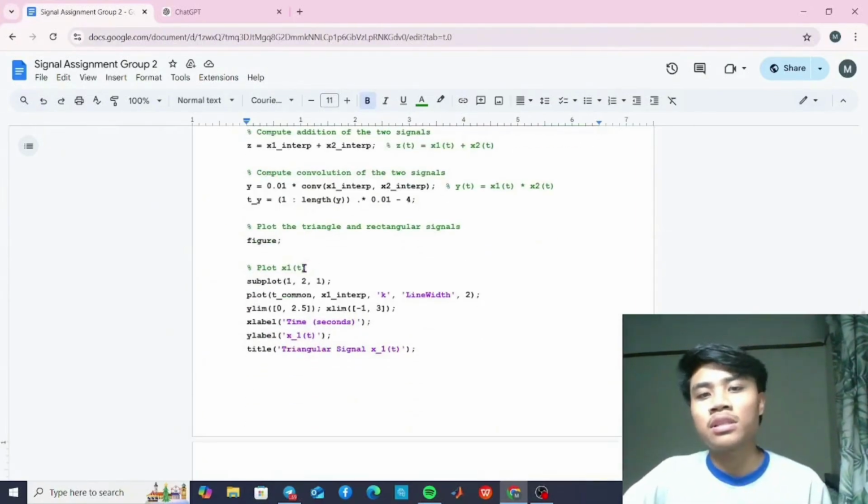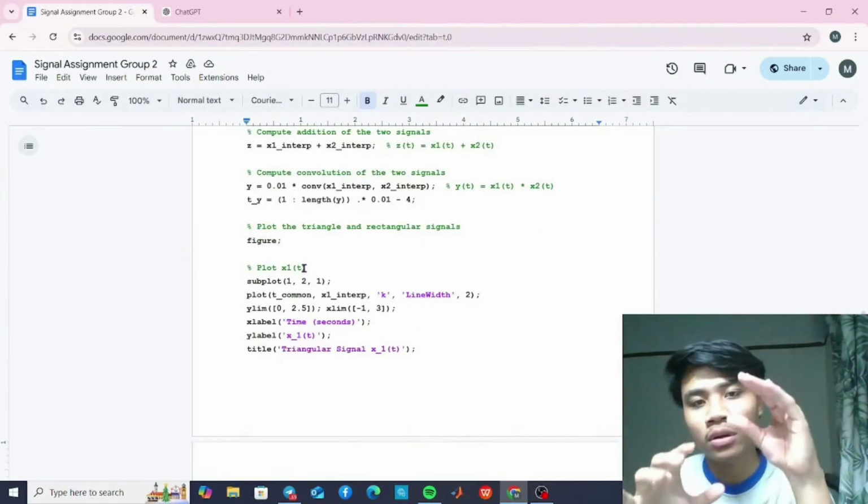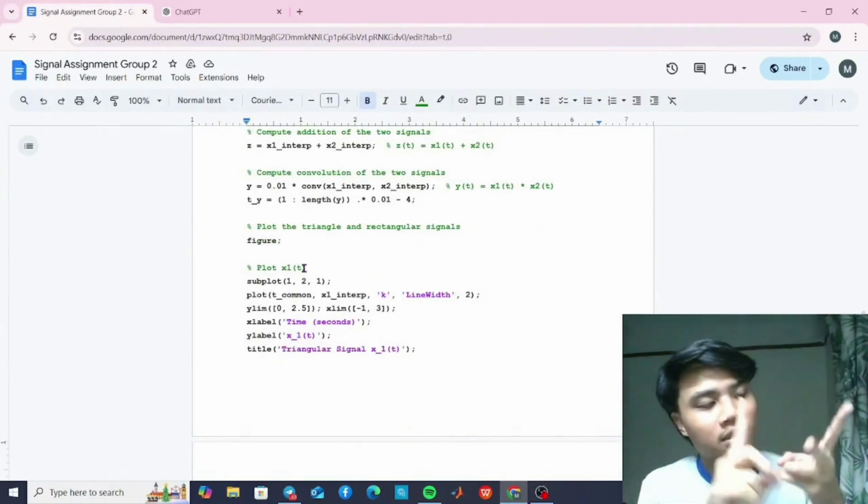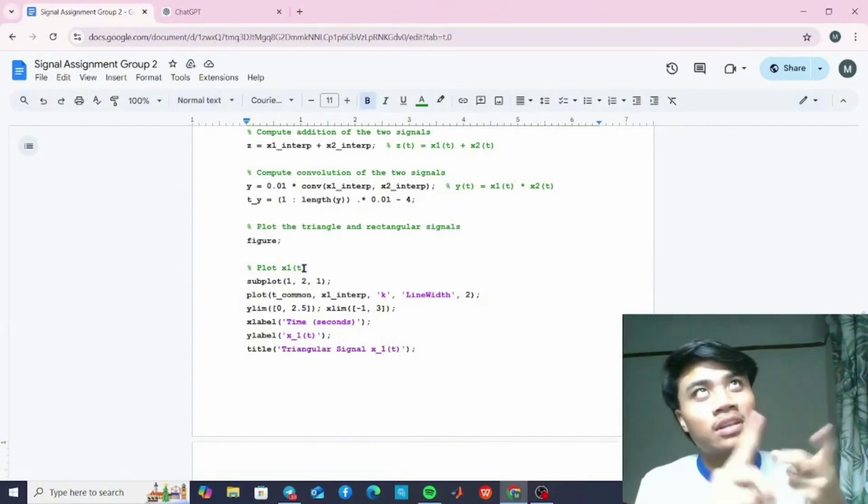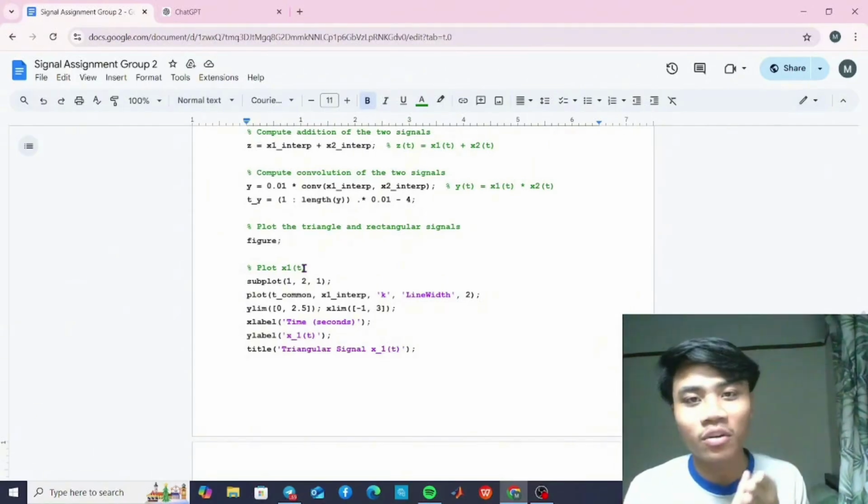The last step is to make the plots for the triangle, rectangular, addition, and convolution.